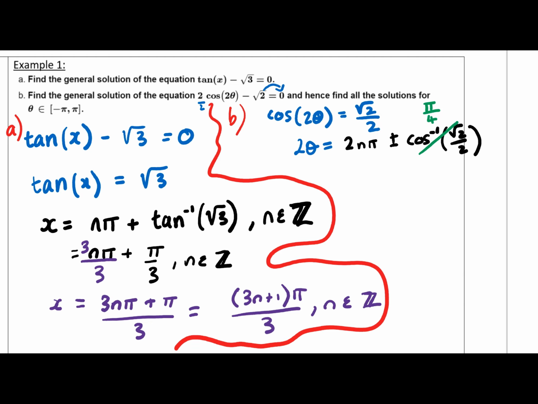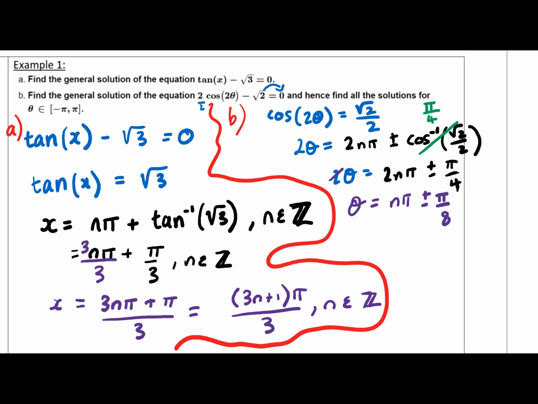So I only have to take the first quadrant answer. So this is where I can absolutely just use the table of exact values. So I'm left with this odd thing where 2 theta equals 2n pi plus or minus pi on 4. Now to get theta on its own, because that's what we're trying to solve for, let's divide by 2. And so I end up with theta is equal to n pi plus or minus pi on 8.